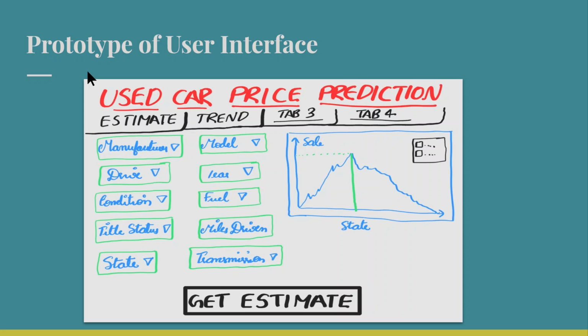So it gives you a visualization of the data just based off your current selections. And then once you've entered what you want, you can get an estimate of the final price of your car, and that will be our end goal. So yeah, this is our prototype that we're working towards.